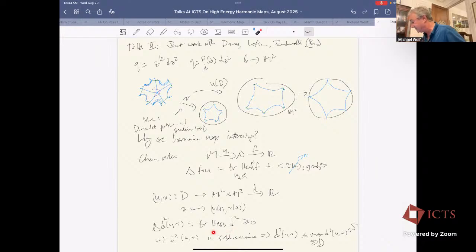In fact, in this case you can get a better estimate by computing the Hessian. So maybe not just that it's positive, but sometimes you can get that it's bigger than C times distance squared and get exponential decay. But I don't quite have that, so I better cross it off.